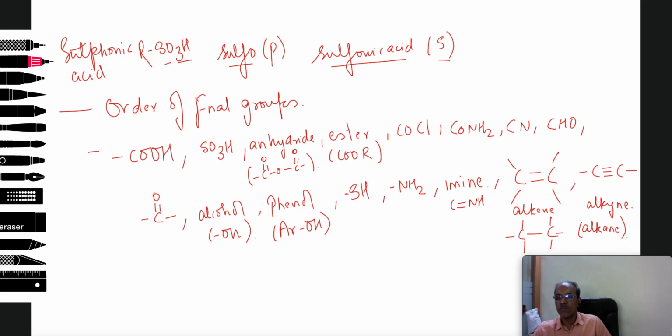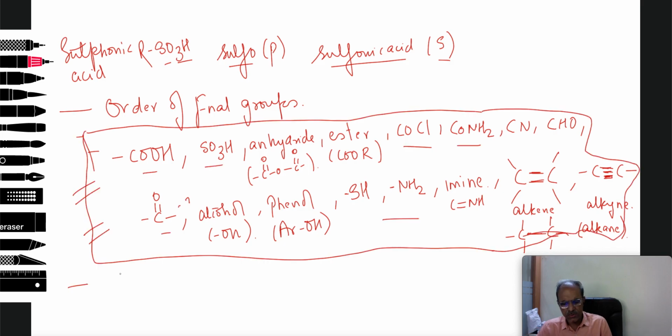If you remember, I had told you double bond, triple bond is known as unsaturated. Fine. And this is saturated. Unsaturated double bond comes first, unsaturated triple bond, then our saturated alkane comes. This is the particular order. So you try to make a point now.